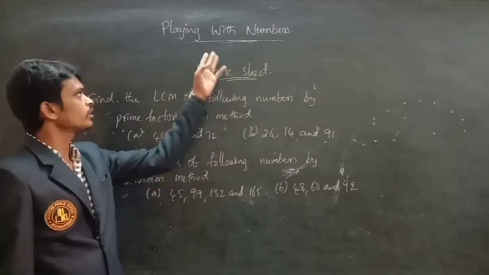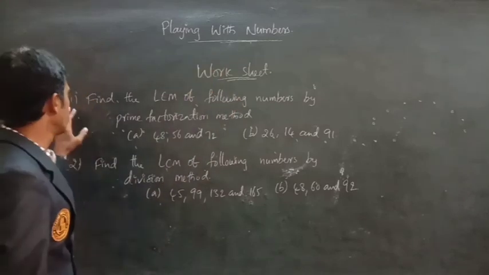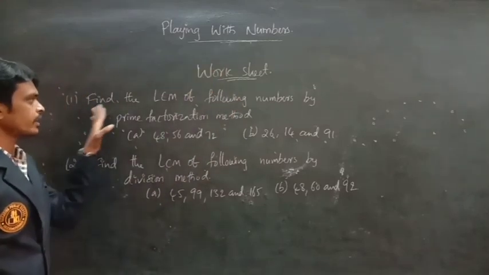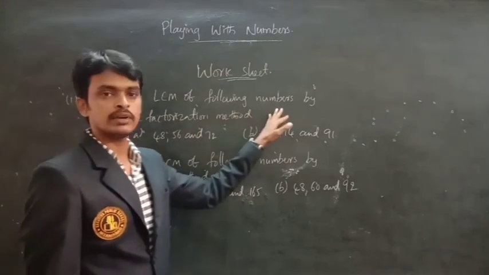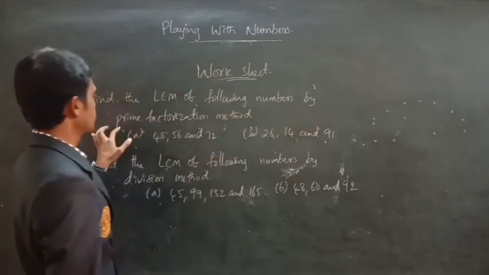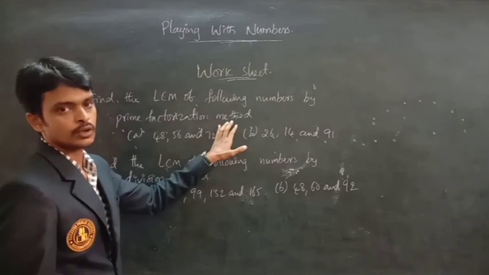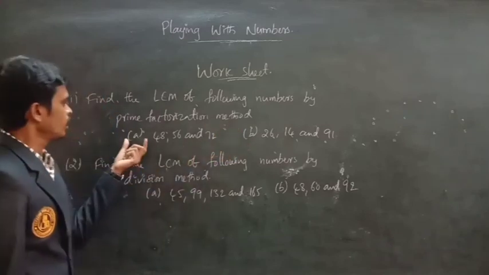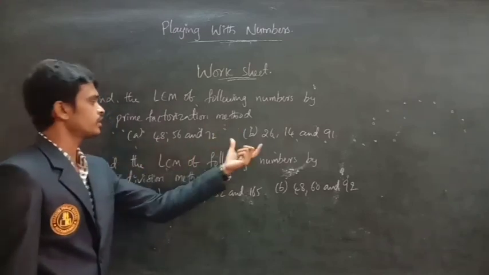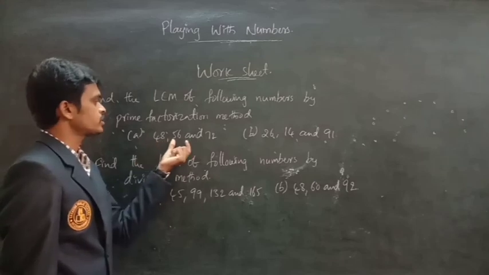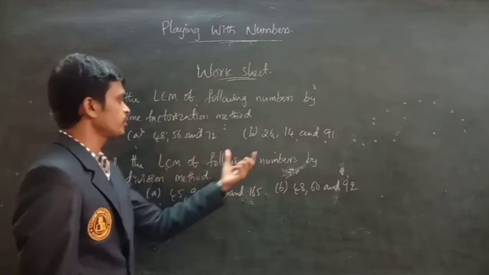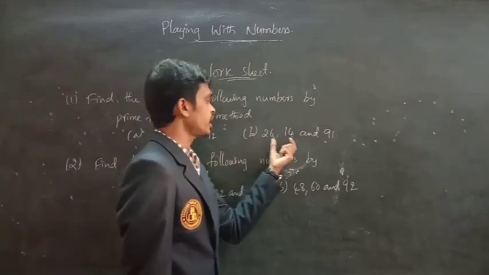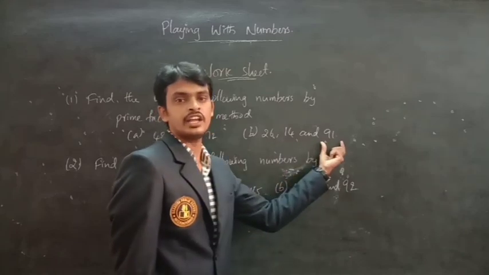Homework problems on playing with numbers. First, find the LCM of the following numbers by the prime factorization method. Two problems are given: 48, 56 and 72 is the first problem, and the second problem is 26, 14 and 91.